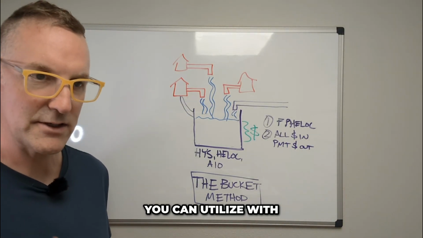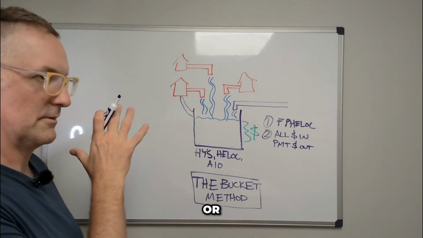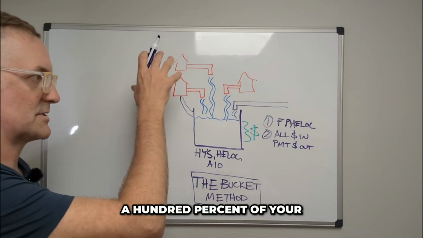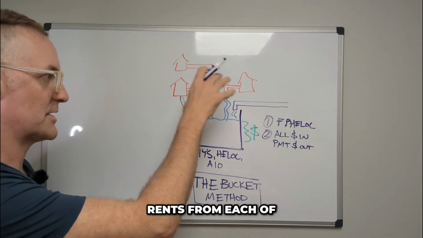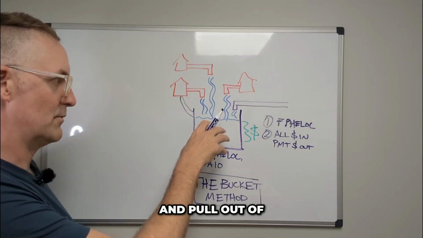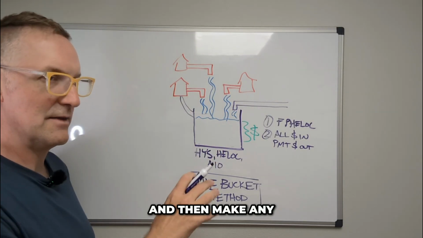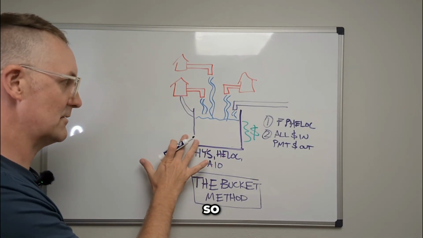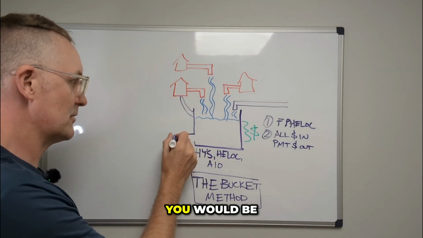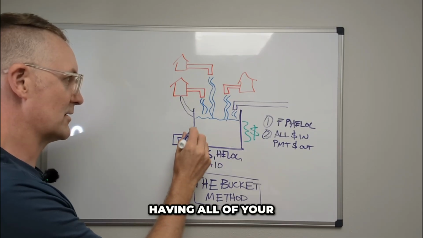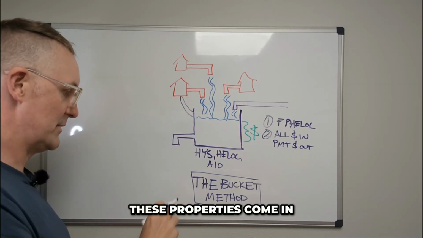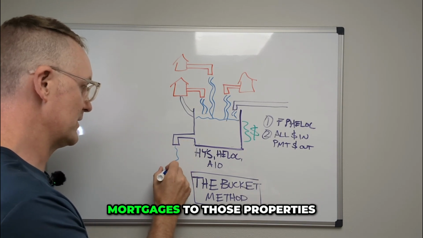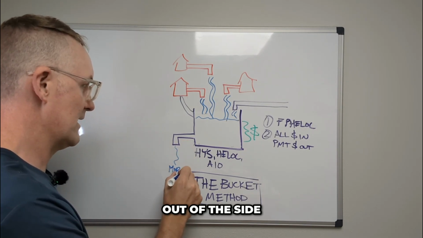Now, this is something you can utilize with a HELOC or your all-in-one account, is that you can take 100% of your rents from each of these properties and plug them right into that bucket, and then make any payments associated with those properties out of that same bucket. So essentially, you would be having all of your rents from each of these properties come in, and then you would be paying out your mortgages to those properties out of the side.